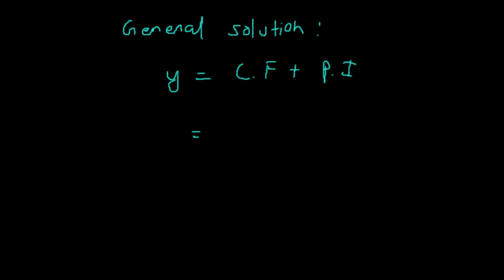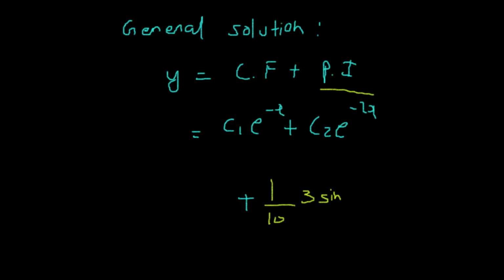Put the value of CF here, which is c1 e to the power minus x, plus the value of PI, which is 3 sine 2x minus 1 by 10 cos 2x. That is it. That is our answer.